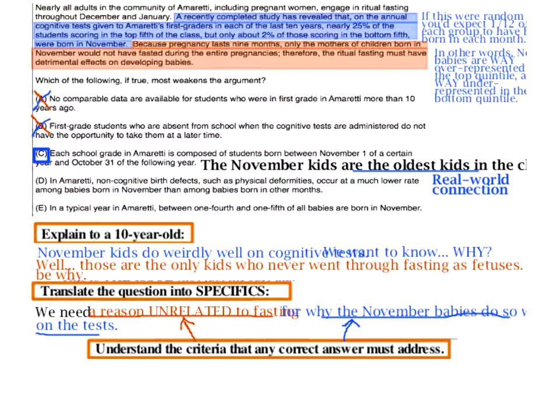As far as choices D and E, what choice D does is it's just more of the same that we're trying to explain. D is saying that November kids are also better off in this way, but we still don't know why.